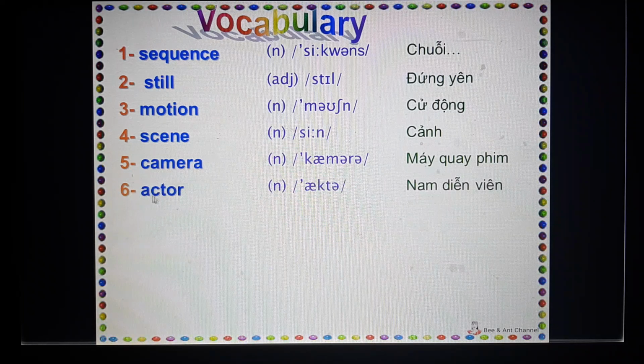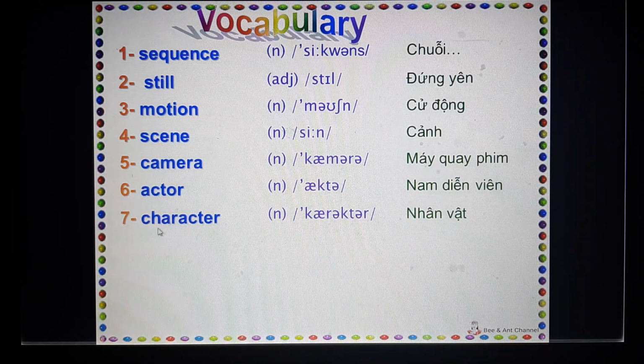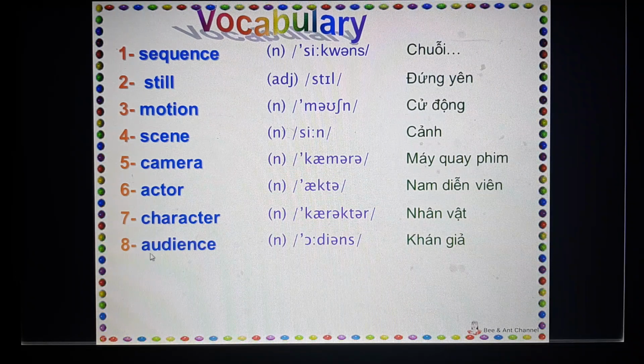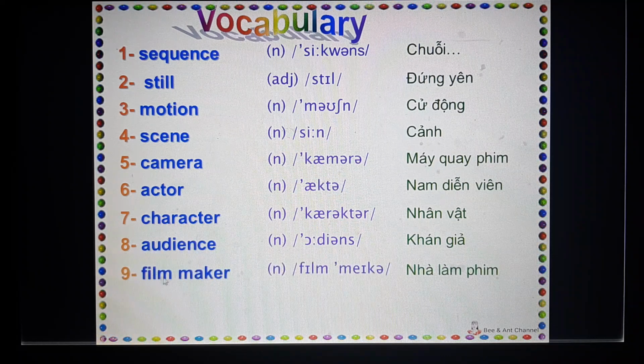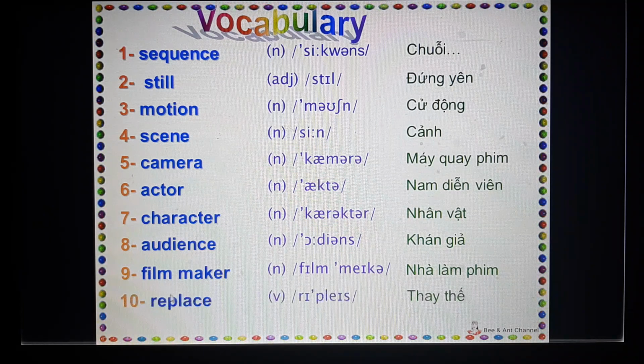Actor. Character. Audience. Filmmaker. Replace. Screen. Now one more.